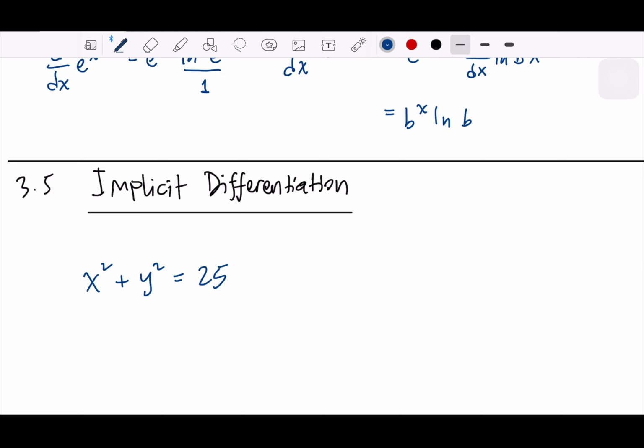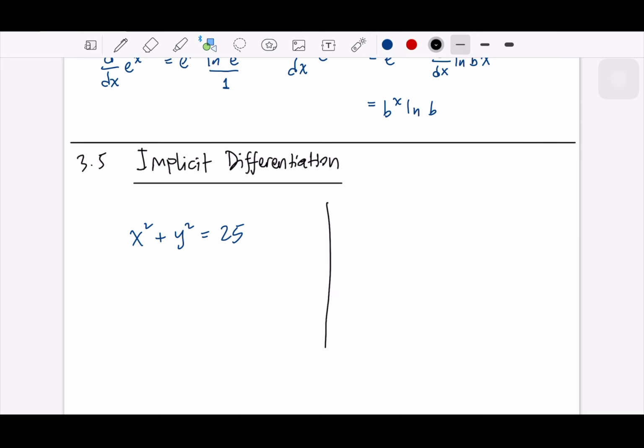Now if we take this into a graph, this is just a normal circle with radius equal to 5.